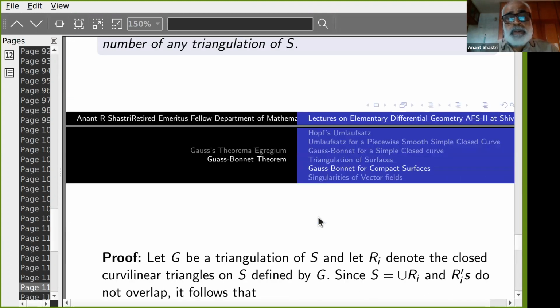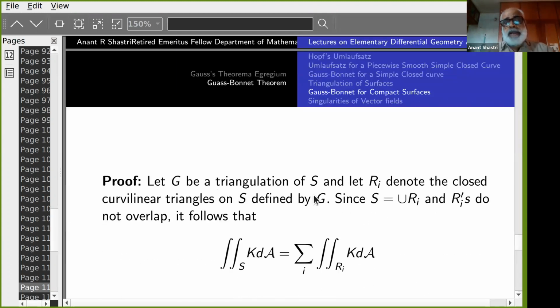Okay. So start with a triangulation. Let Ri denote the closed curvilinear triangles of S, given by the triangulation. The union of all these closed triangles is equal to the whole of S. The boundary of each triangle is curvilinear, meaning they are regular arcs.